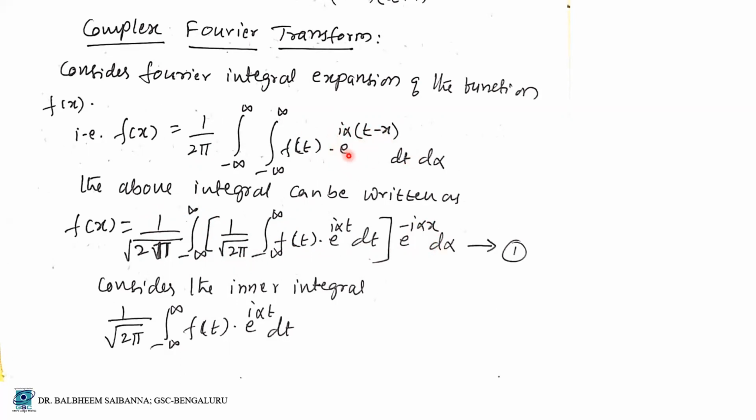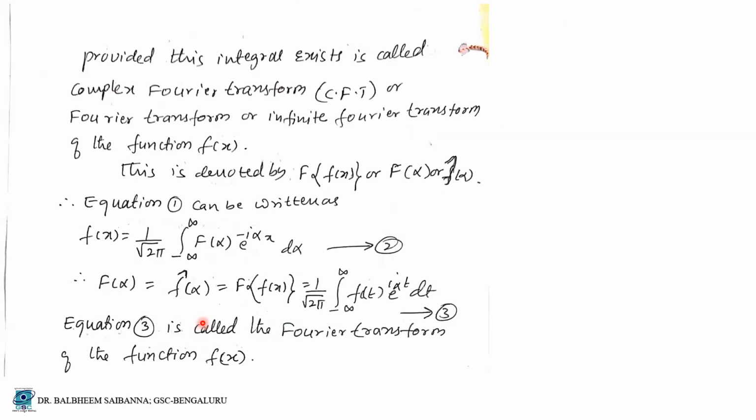We know that a to the power of m minus n can be written as a to the power of m times a to the power of minus n. In the same way we are writing this and this. Consider the inner integral, the integral in the square brackets: 1 divided by square root of 2 pi, integral over the limit minus infinity to plus infinity f of t e to the power of i alpha t dt.